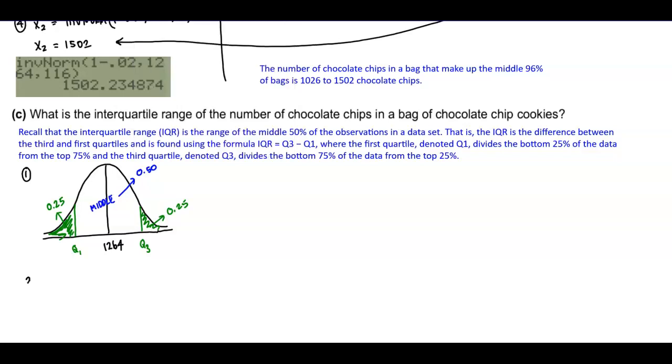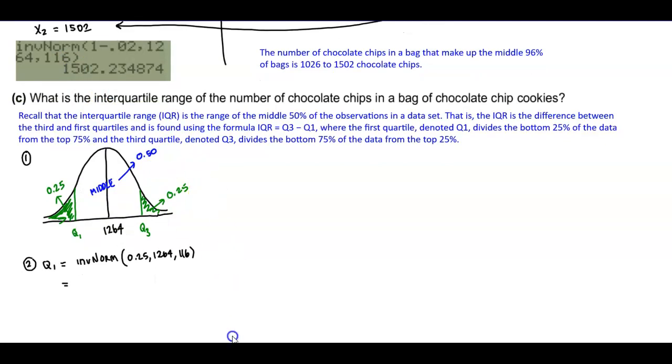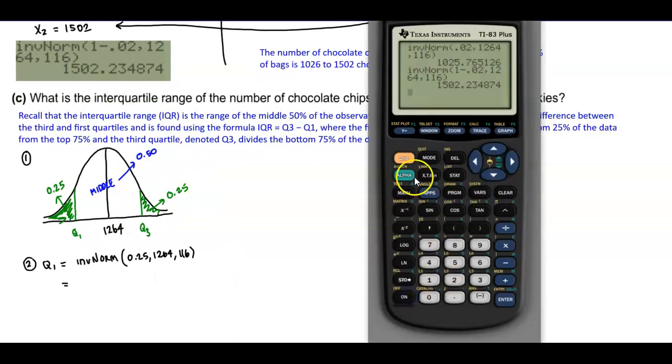So we're going to do the same thing that we did above. We first want to find quartile 1, and quartile 1 is going to equal INV norm with an area of 0.25. We know that 1264 is the mean, and then 116 is the standard deviation. So let's go ahead and do that. So we have second distribution INV norm, we know the area is 0.25.